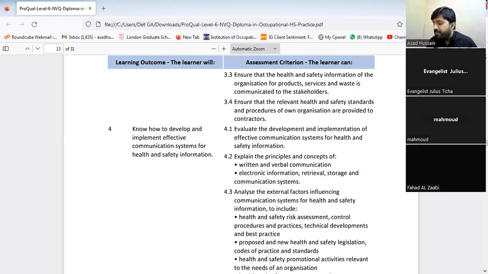For contractors, there are two things: contractor induction, and secondly contractor meeting minutes. These will be enough to share the information, which is actually the organizational requirements, that should be shared with the contractor.